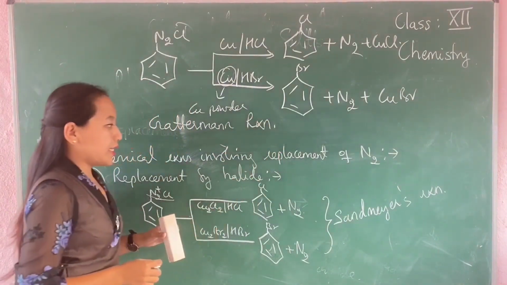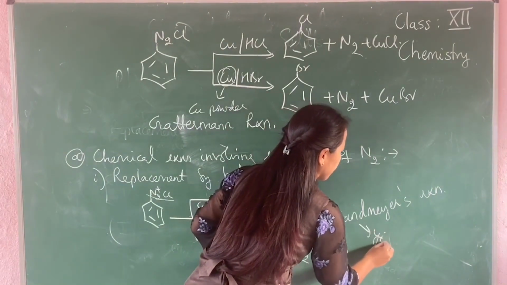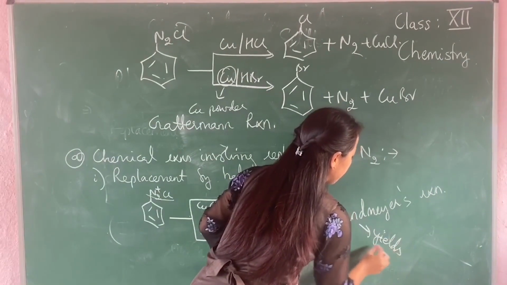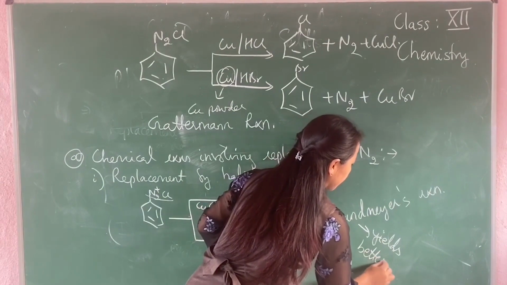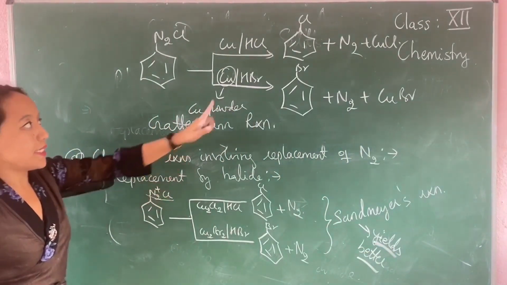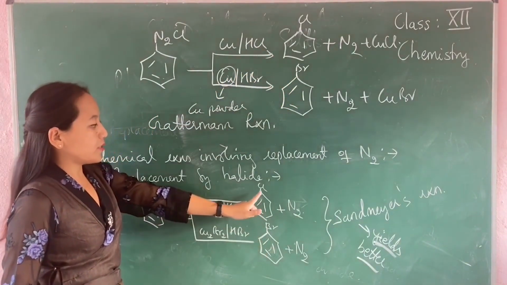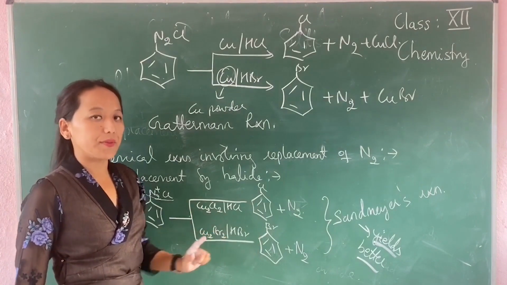Now it was seen that Sandmeyer's reaction yields better compared to Gattermann reaction. In both the cases, Cl is being introduced and Br is also being introduced. In this case also Cl is being introduced, Br is being introduced.